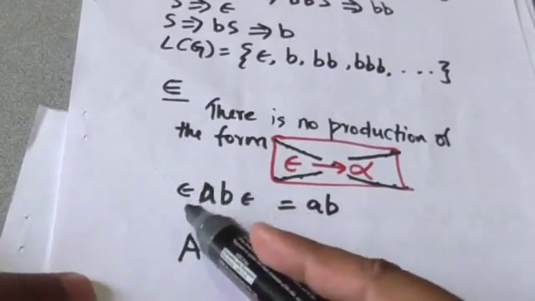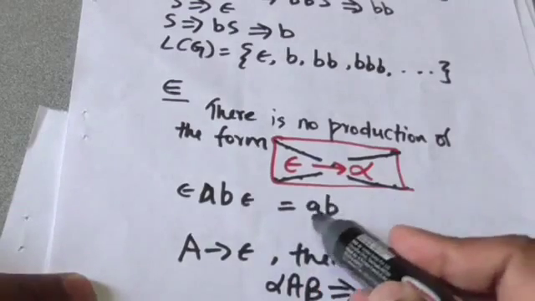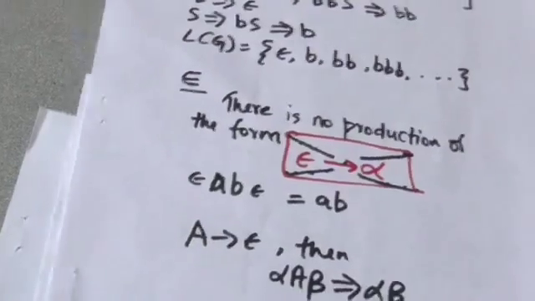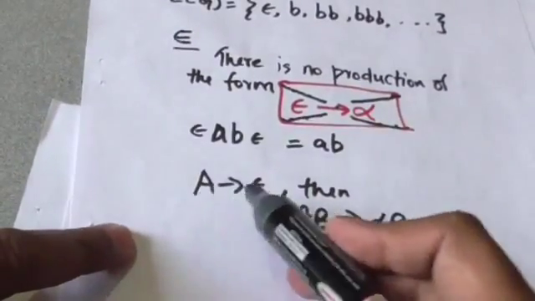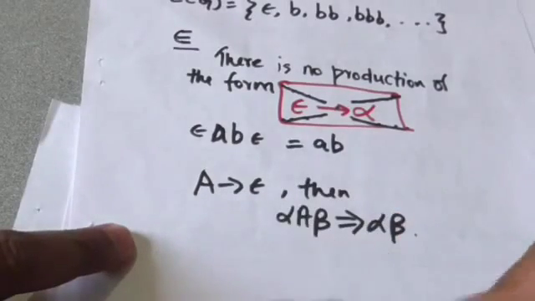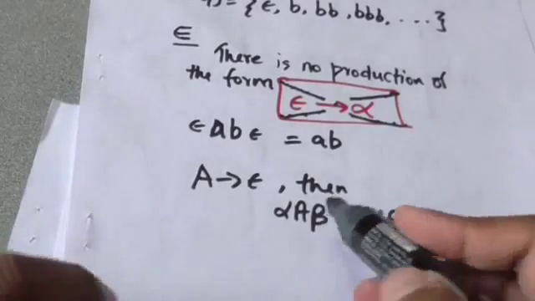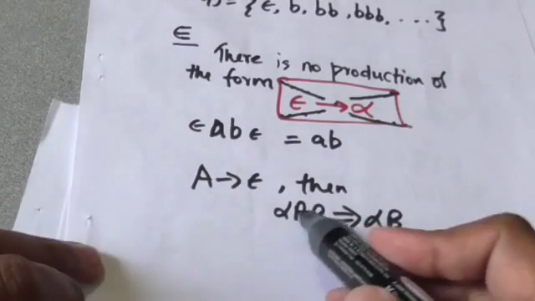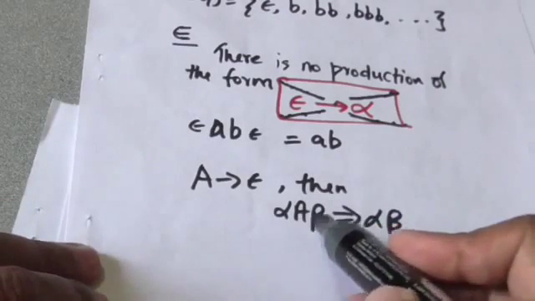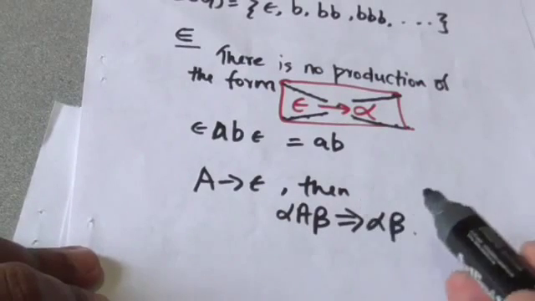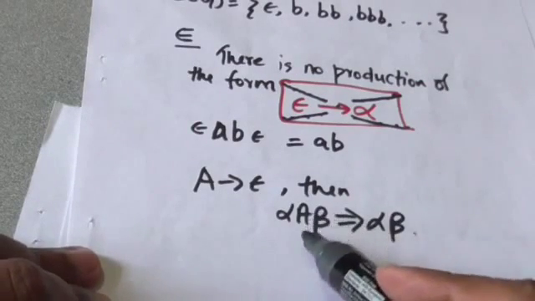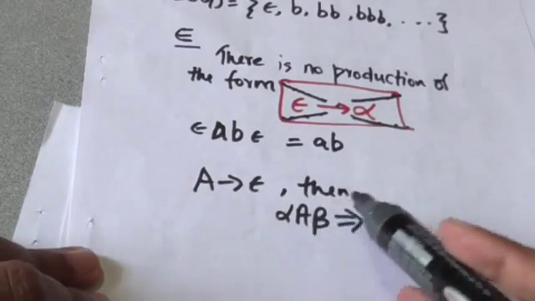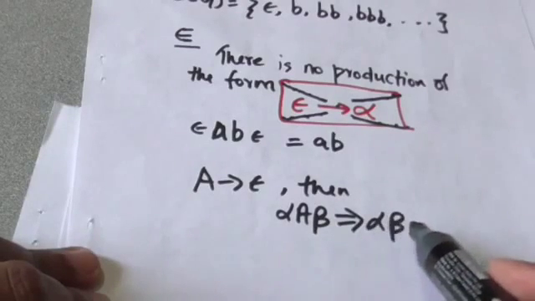If there is a string empty A B empty, then it would be equal to A B. Now if there is a production A derives empty, and we replace A by empty in some string alpha A beta, then it means we have deleted A, because when we apply this production rule, A will be replaced by empty, and empty vanishes from the string.